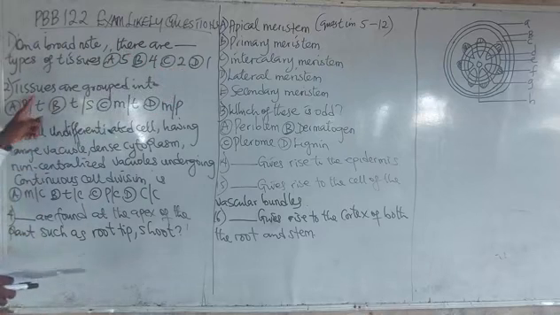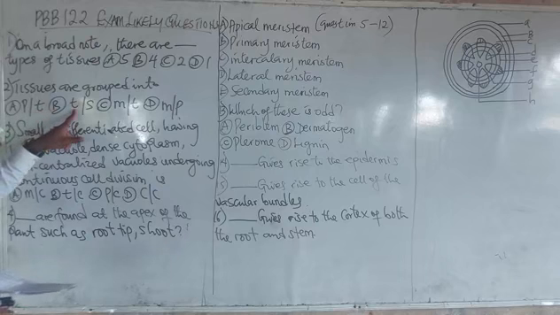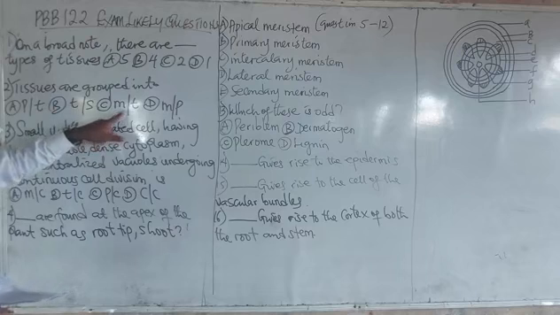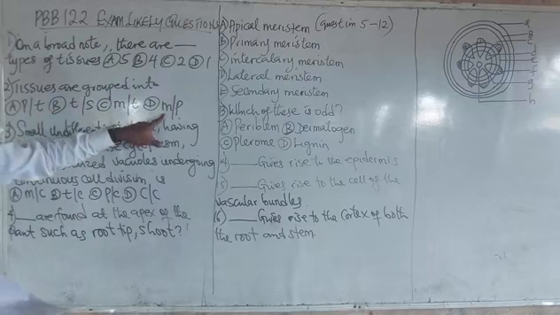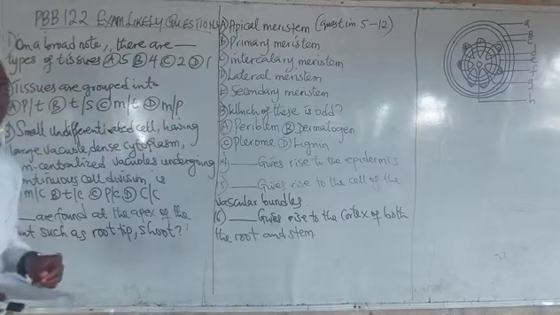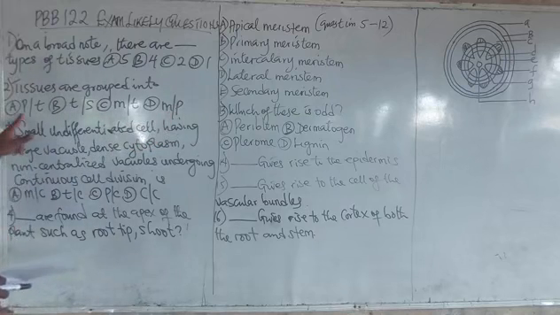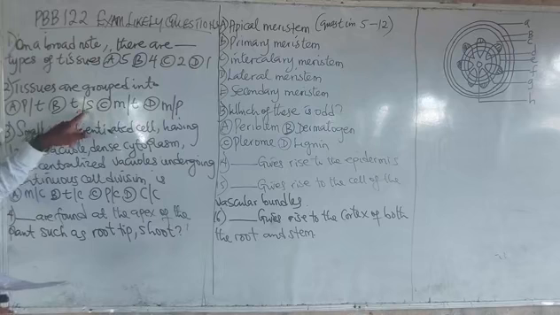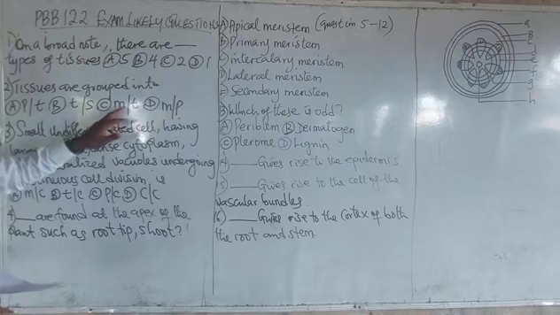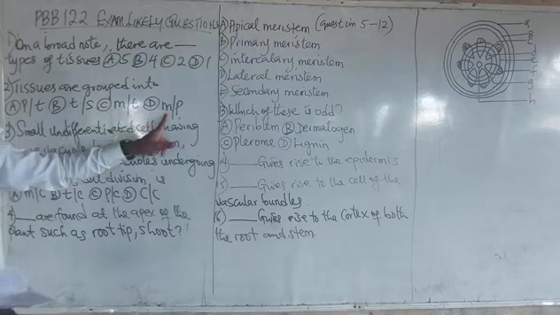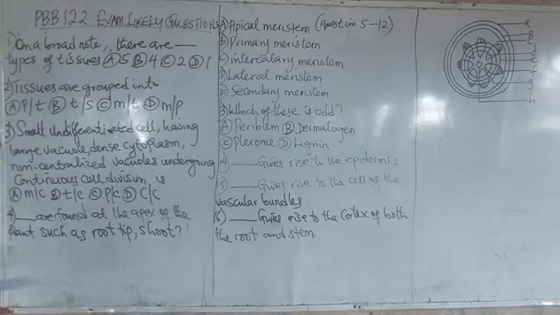Question 2 says, tissues are grouped into dash. Permanent and temporary tissues, primary and secondary tissues, permanent tissues and temporary tissues, meristematic tissues and permanent tissues. So what is the answer?